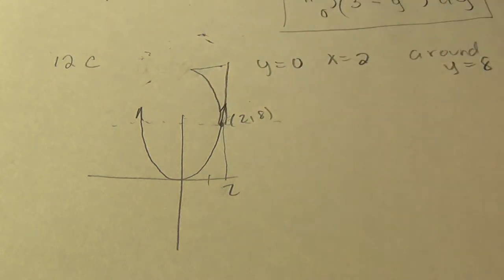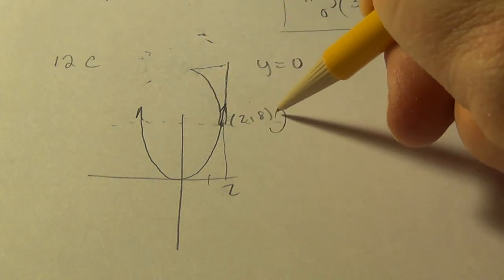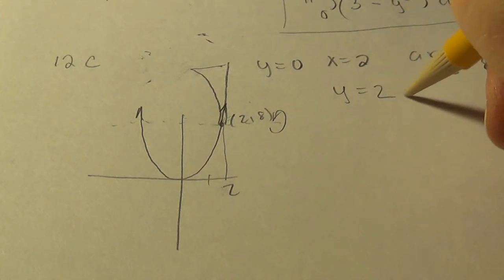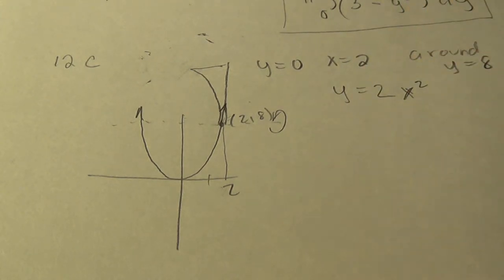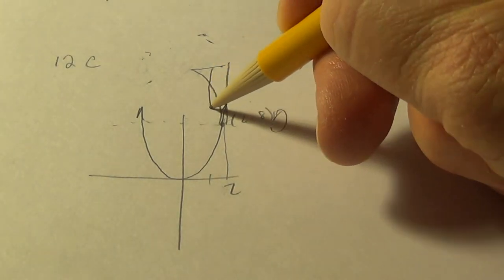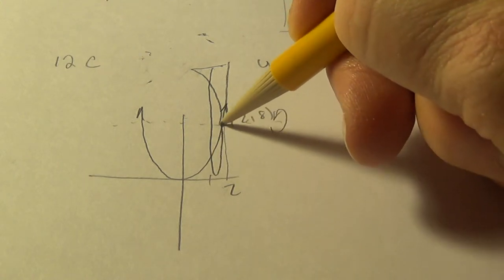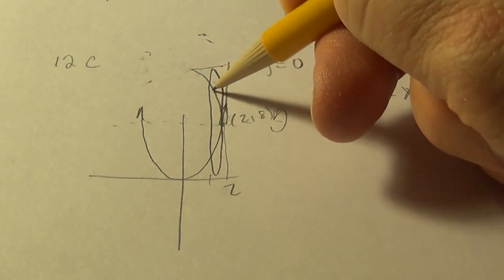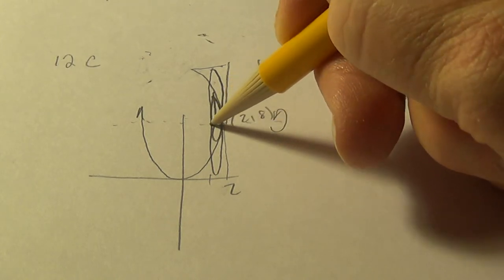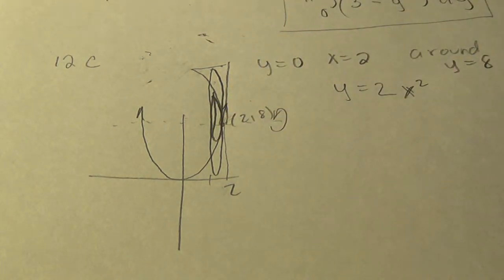It's going to revolve around this line like that, and y equals 2x squared was the problem. So I'll put in one of my discs, and that's going to become a washer because there's a hole in this volume.